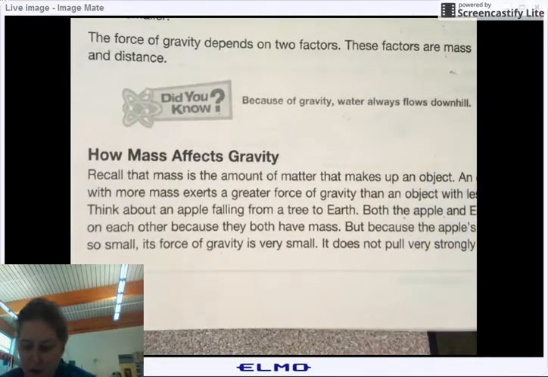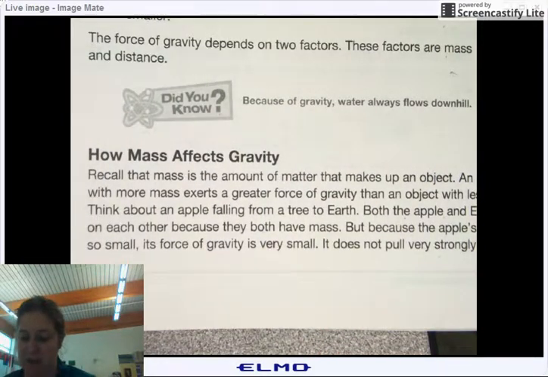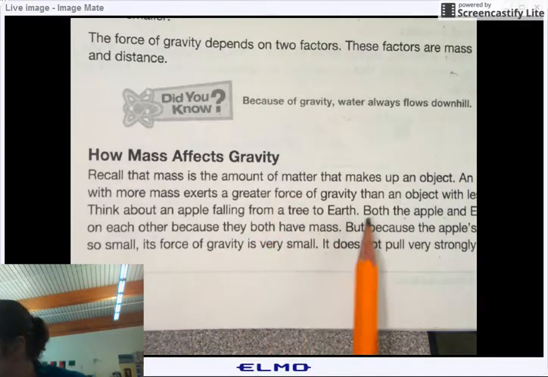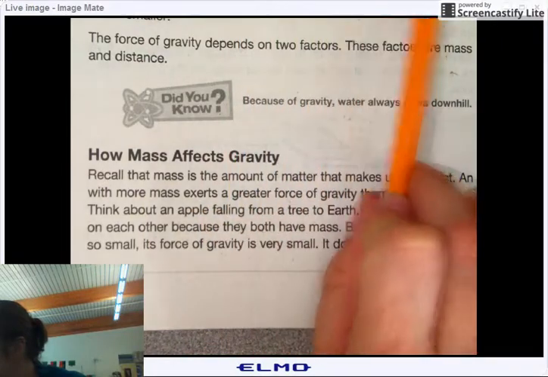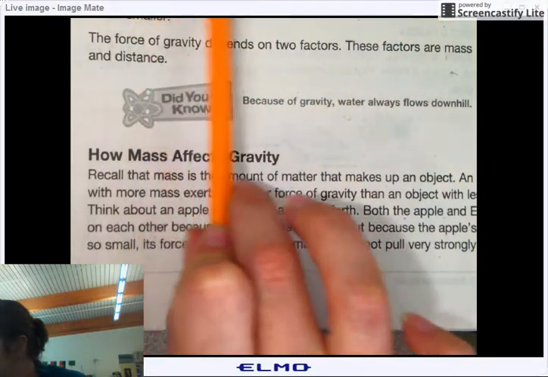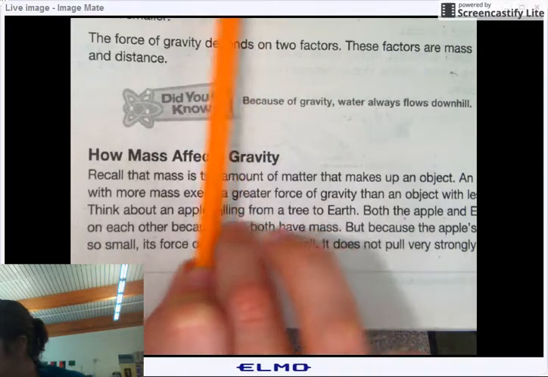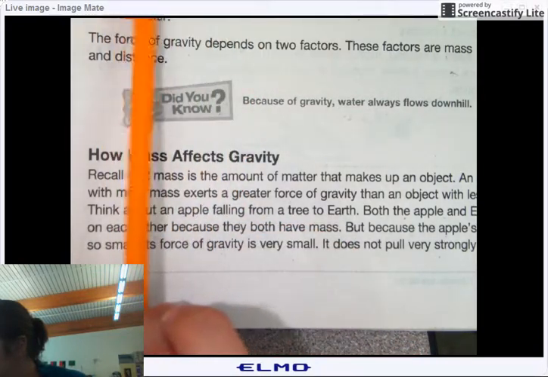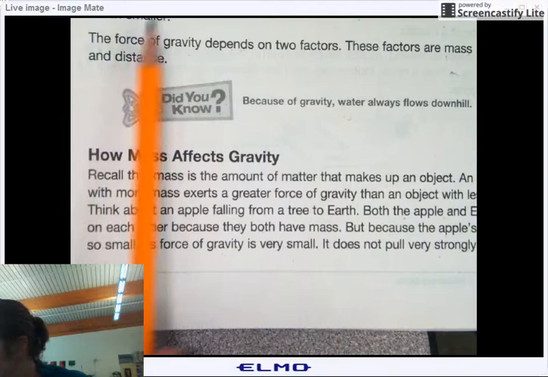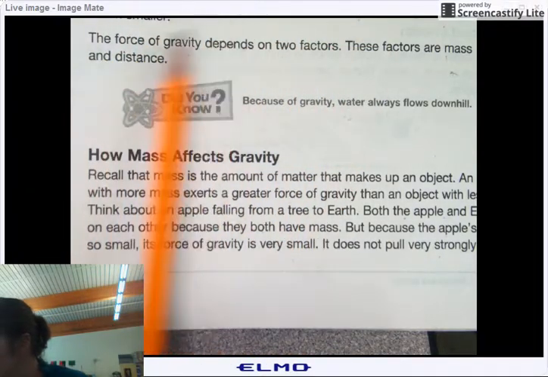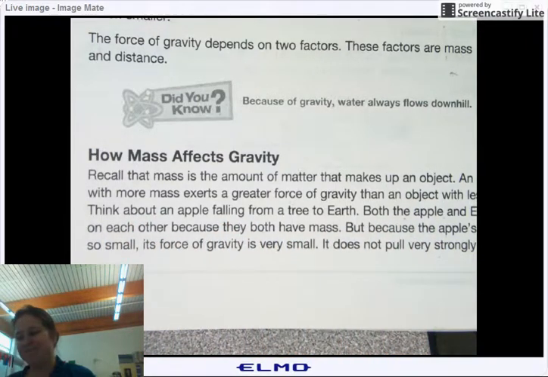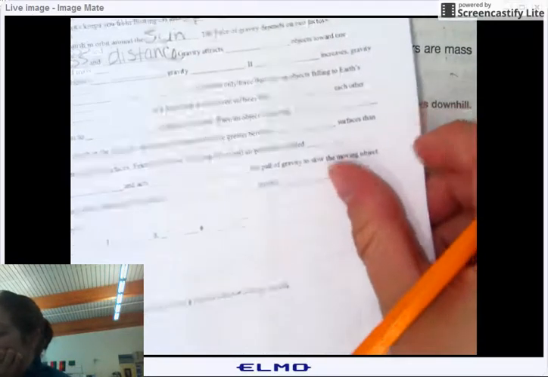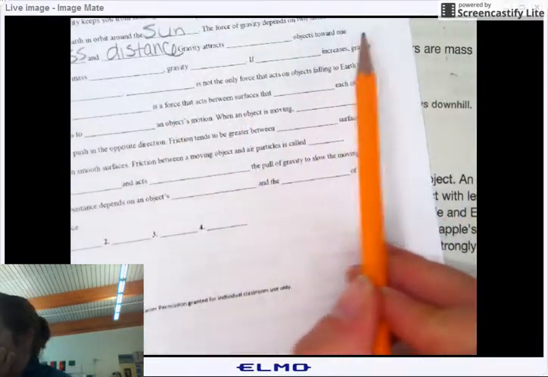Gravity attracts blank objects towards one another. See, I don't agree with this, so we're going to leave this one.